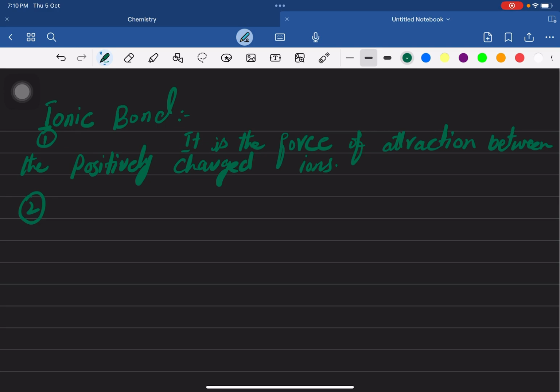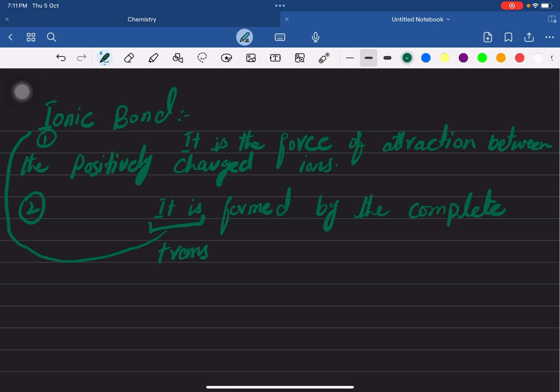The next definition is: an ionic bond is formed by the complete transfer of electrons.